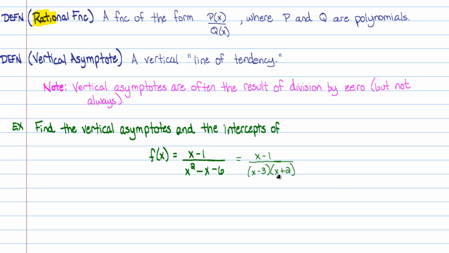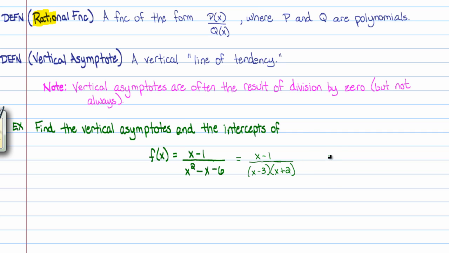Vertical asymptotes, as said in the note above, are often the result of division by zero. So I notice, based upon this rational function, that I cannot divide by 0 when x is 3, nor can x be negative 2.